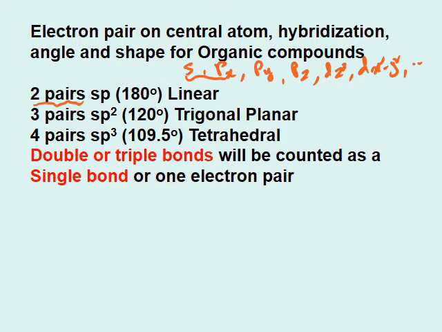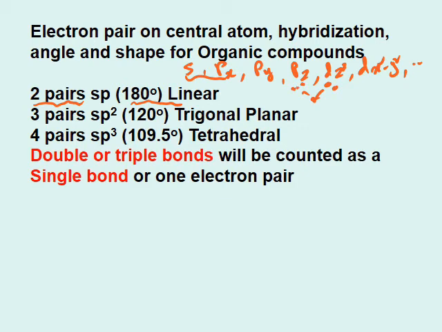And what we are saying here is, if there are 2 pairs of electrons, that would give me 180 degree hybrid orbitals. Now, we can quite quickly understand why it is 180 degrees. Let's assume that this is the central atom, and I'm putting 1 pair of electrons here and another pair of electrons here.